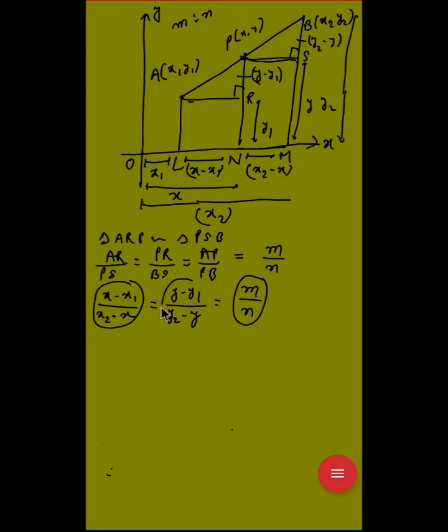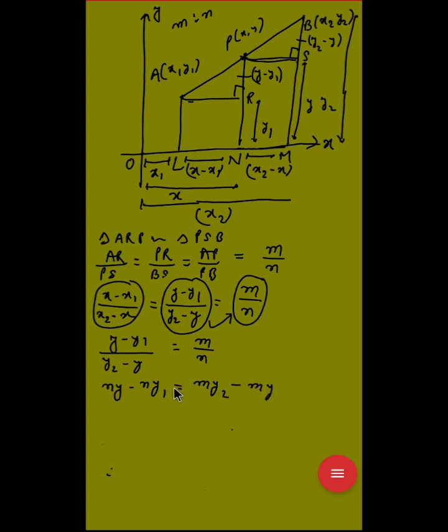y minus y1 upon y2 minus y with the same term m by n. So y minus y1 by y2 minus y is equal to m by n. Similarly, we do the cross multiplication and find the value of y. This becomes ny minus ny1 is equal to my2 minus my.